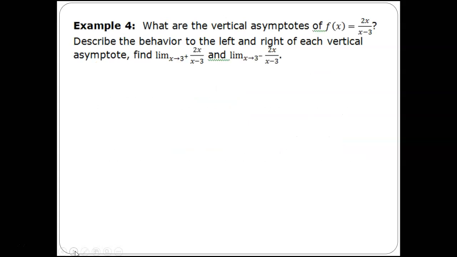So what are the vertical asymptotes of this function? The vertical asymptotes occur by setting the denominator equal to 0. So there is a vertical asymptote at x equals 3. Describe the behavior to the left and right of the asymptote. That is asking me to find the left and right hand limits.